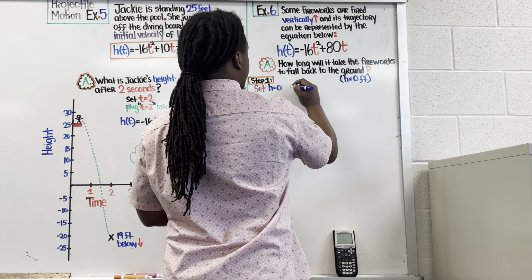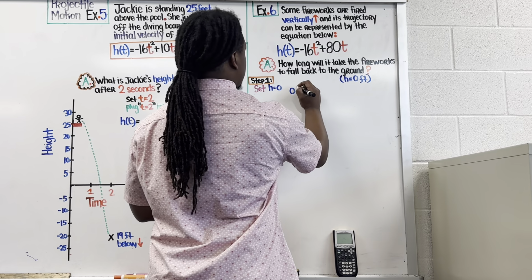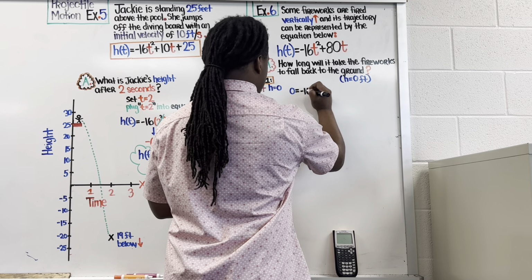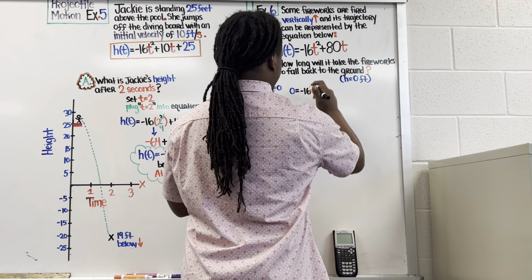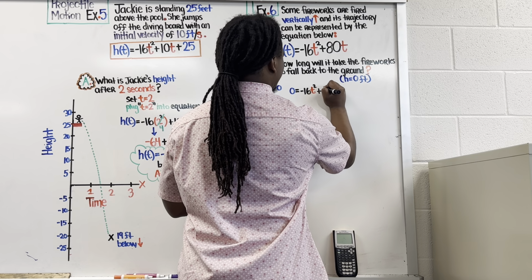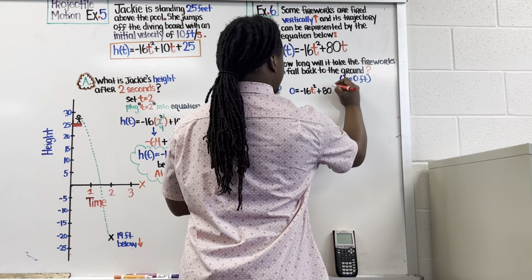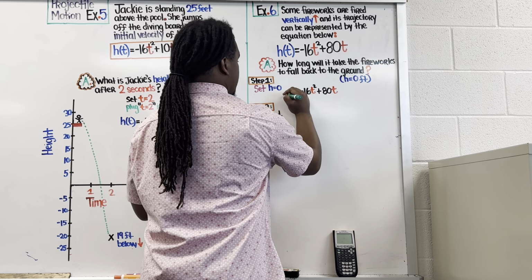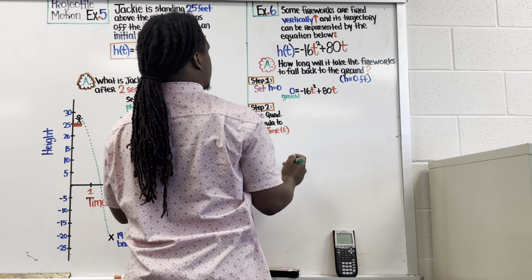So h of t is actually 0, because that's ground level, equals negative 16 t squared plus 80t. Remember, guys, this is the ground. So that's when it hits the ground, at 0.